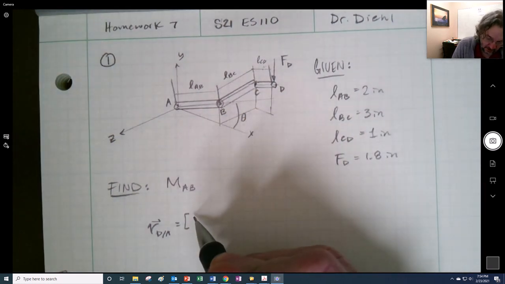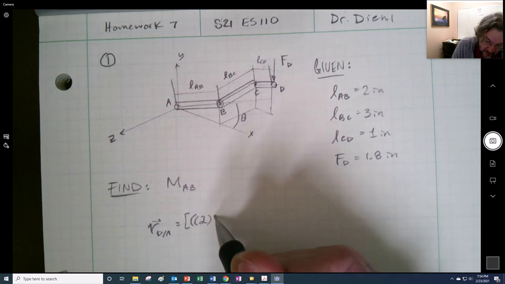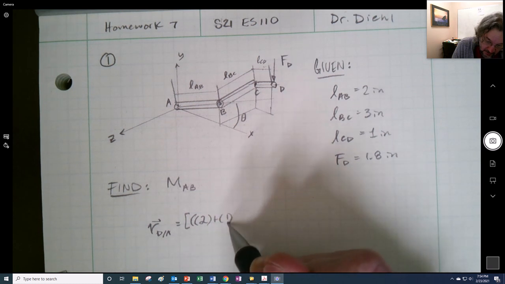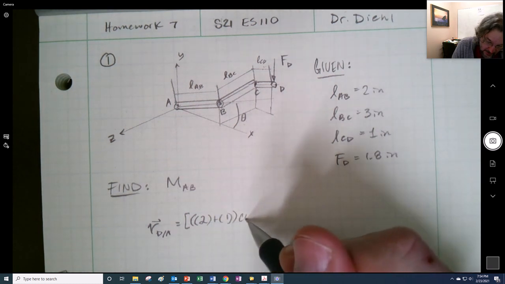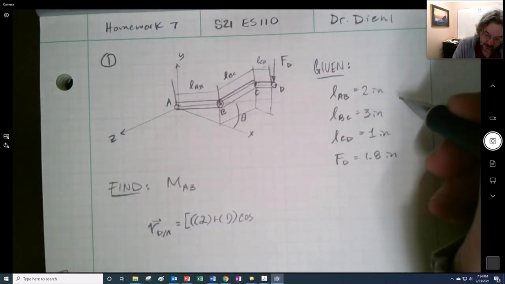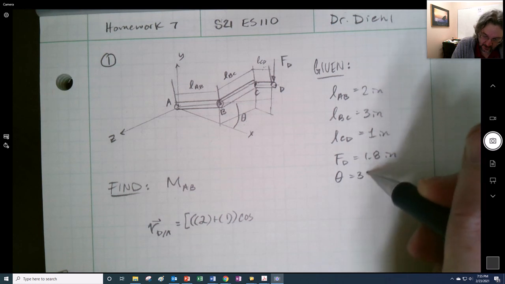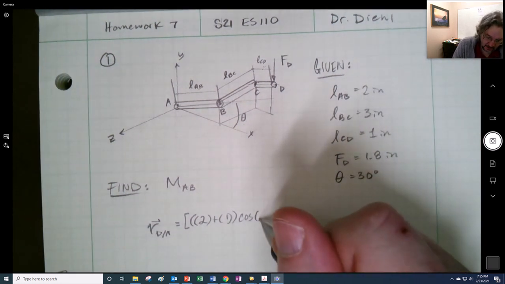So that's going to be 2 plus 1 times the cosine of, oh, we were also given this. I didn't write that down. That was going to be 30 degrees, right? So I'll put it down in here. Just cram them in there. 30 degrees. 30 degrees.